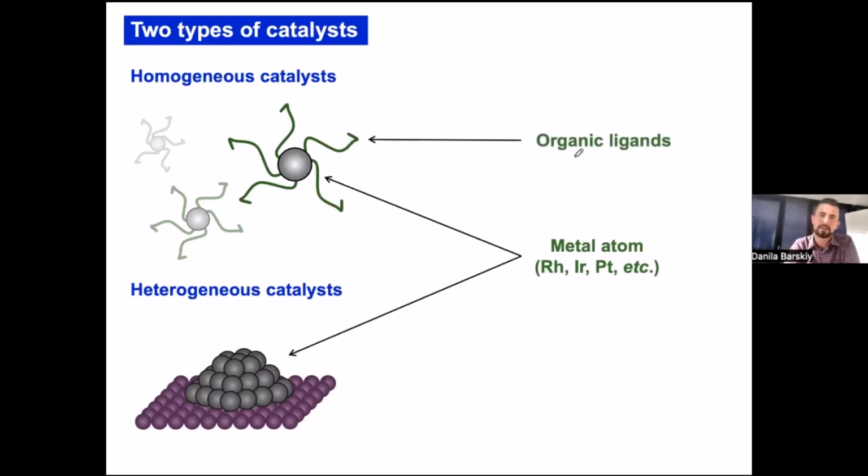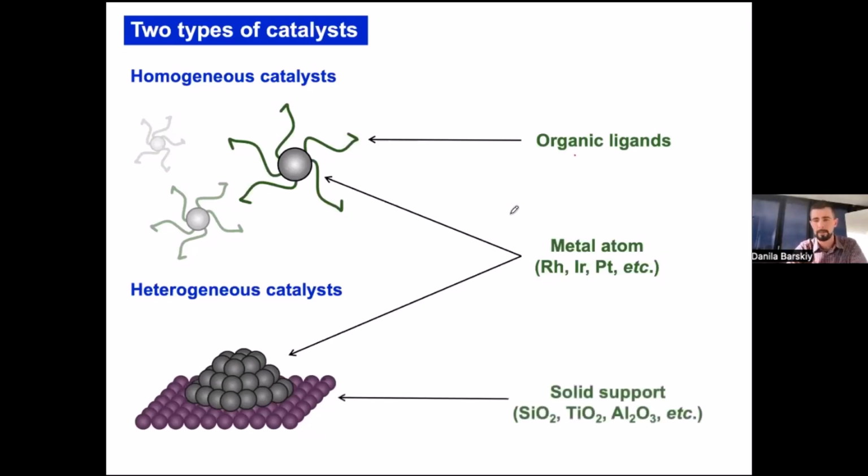Usually these ligands are necessary to, first of all, dissolve your metal center in the solvent that you are using for your reaction, and second, to stabilize the complex. And by tuning properties of these organic ligands, you can modify a lot of properties of your chemistry, such as exchange rates, the ability of hydrogen to attach and dissociate, and the ability of your substrate to dissociate if you want that. So it's a whole, very interesting field of organometallic chemistry.